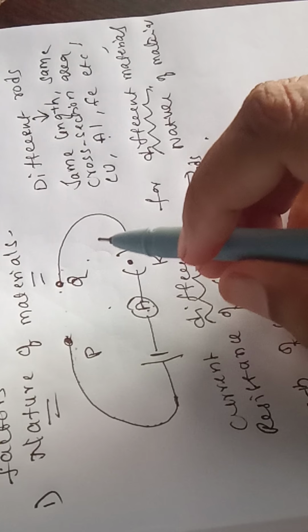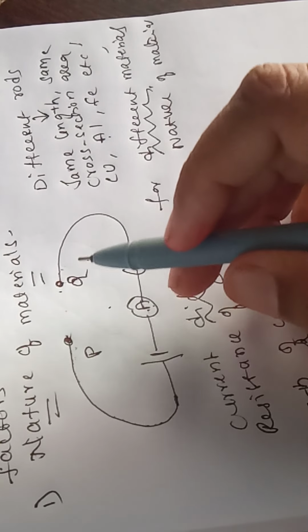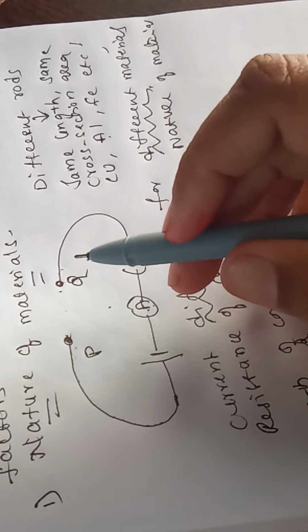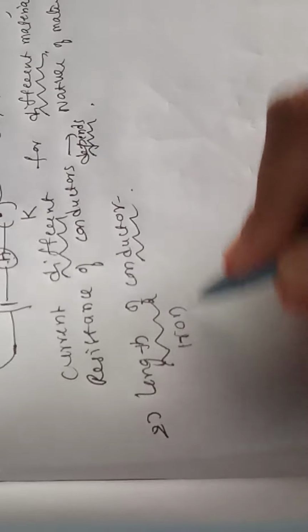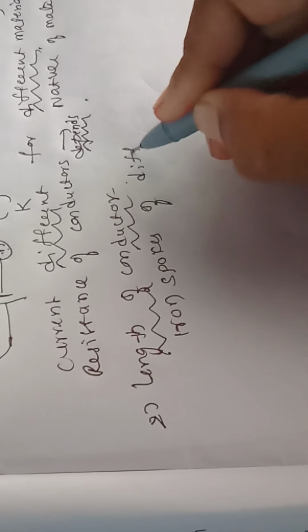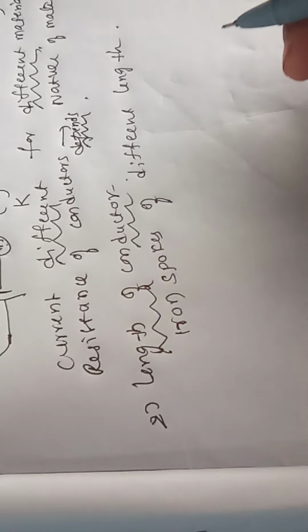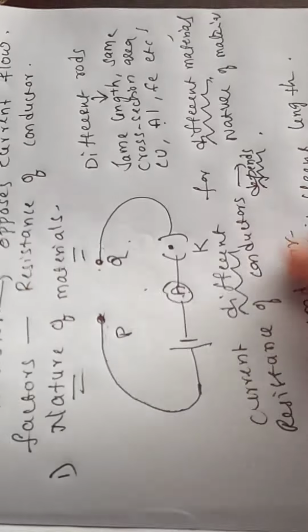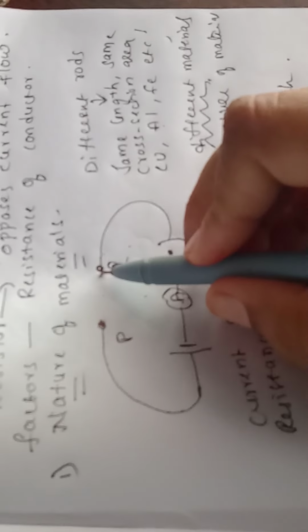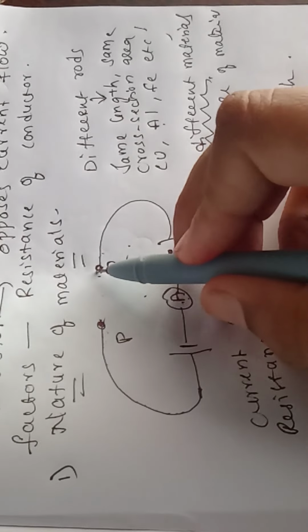Alright. Now here we are taking the same circuit. We are taking iron rods or iron spokes of different lengths. Now first connect one iron spoke between these gaps.